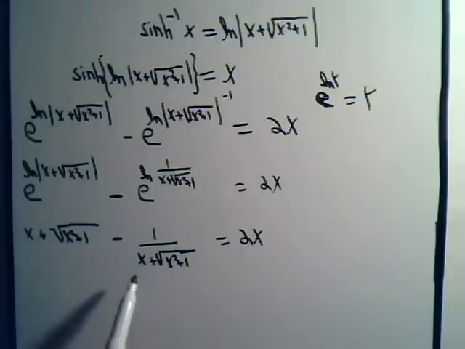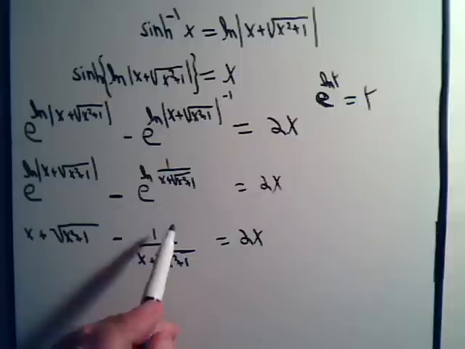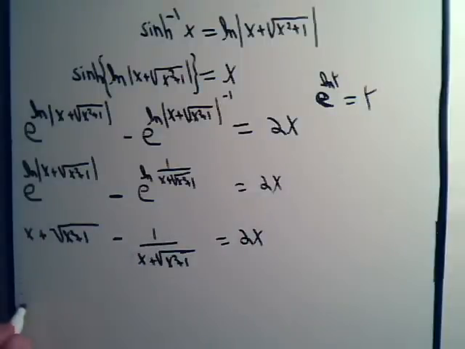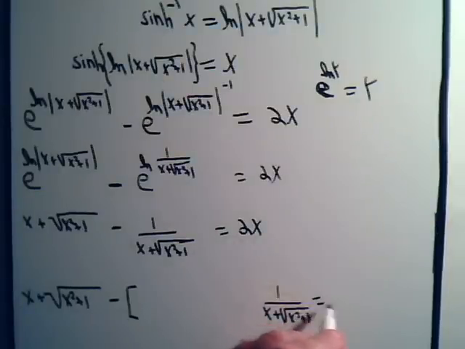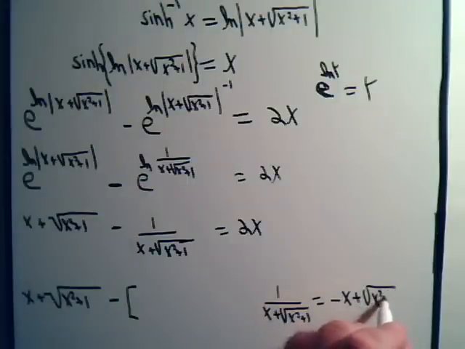But now, in the last video, we showed that 1 over x plus the square root of x squared plus 1 equaled negative x plus the square root of x squared plus 1.